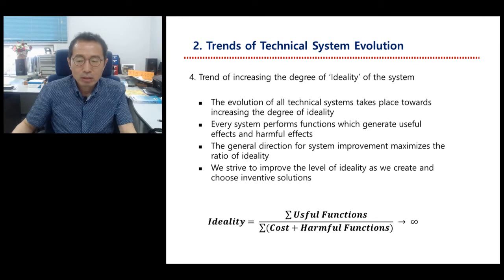This trend is that the system develops in the direction in which ideality increases. This is a key and very important trend that explains the developmental direction of the system.